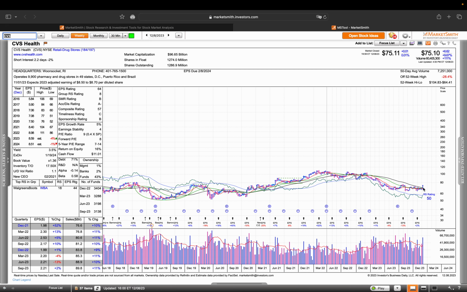So see, it's already above the 200 DMA. The red line is the 50-day MA, and the green line is the 21 DMA. It went above, and the green and red are also flattening out. So maybe it's turning now.